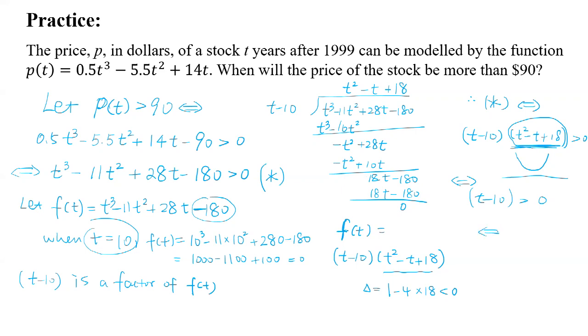Okay, so this is actually t is greater than 10. So this is our solution, right? So that means when t is greater than 10, the stock price is more than 90, right?